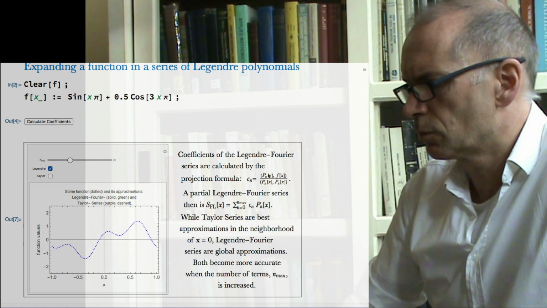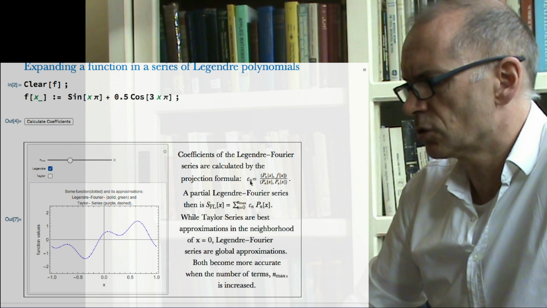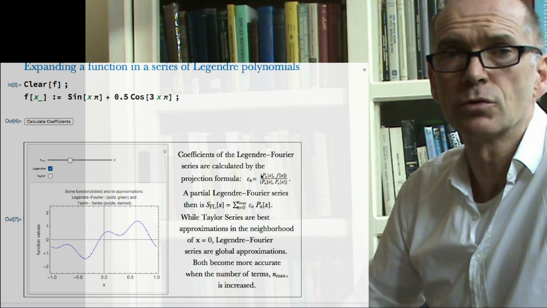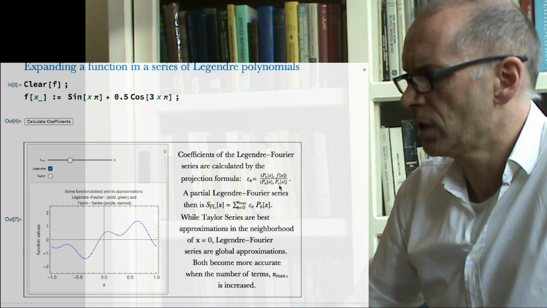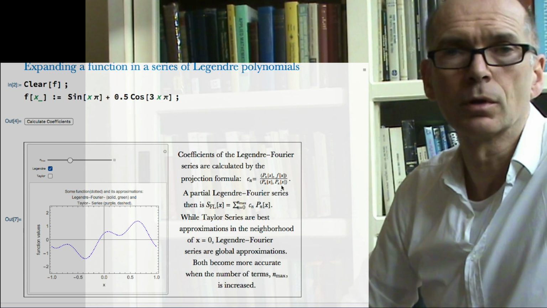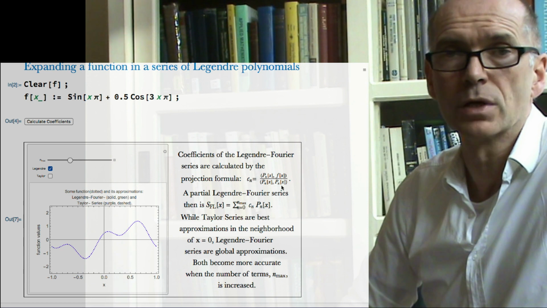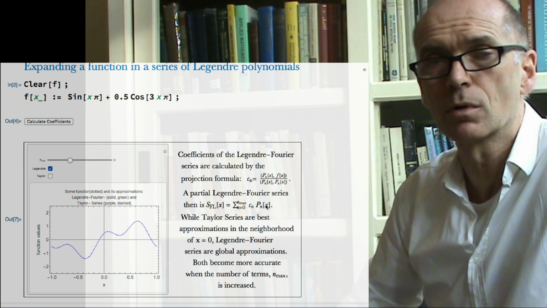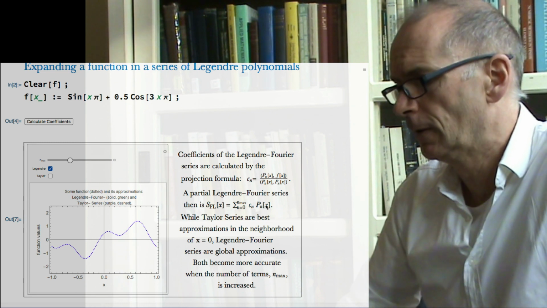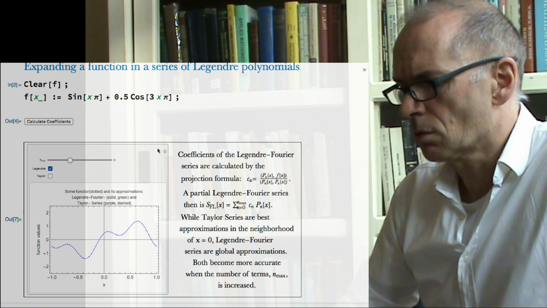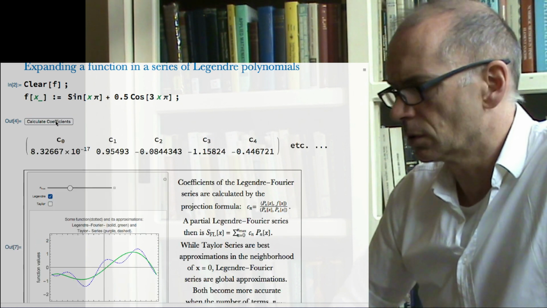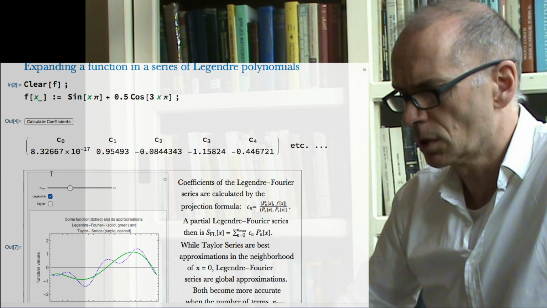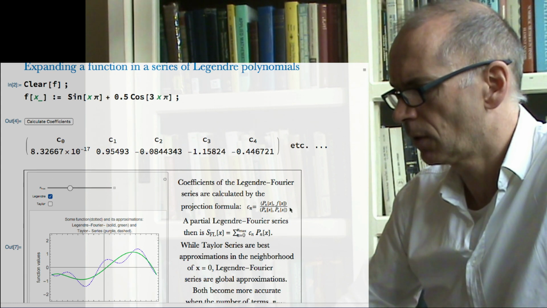If you want to calculate the Cn coefficient, you take the inner product of the target function with the nth Legendre polynomial, divide by the inner product of the nth Legendre polynomial by itself, and that provides you this Cn, the weight coefficient in this sum for the nth Legendre polynomial. So that's the recipe, so then it's just a matter of pressing the button, calculating all those coefficients, and making the sum, and there it is in our graph.